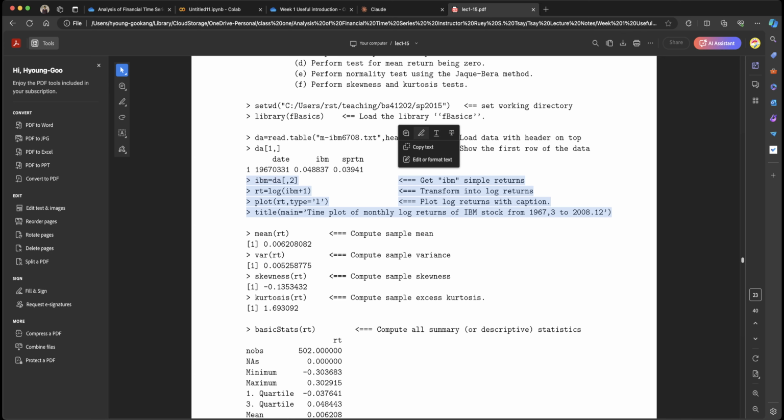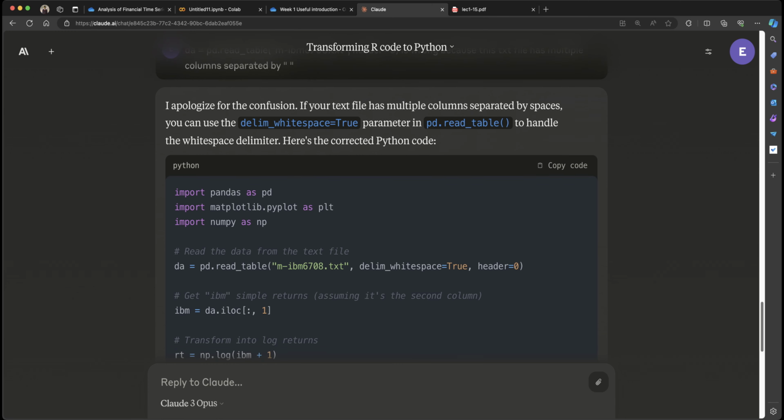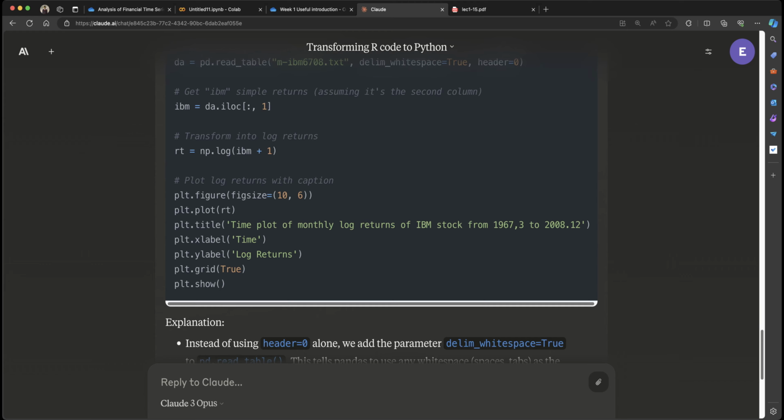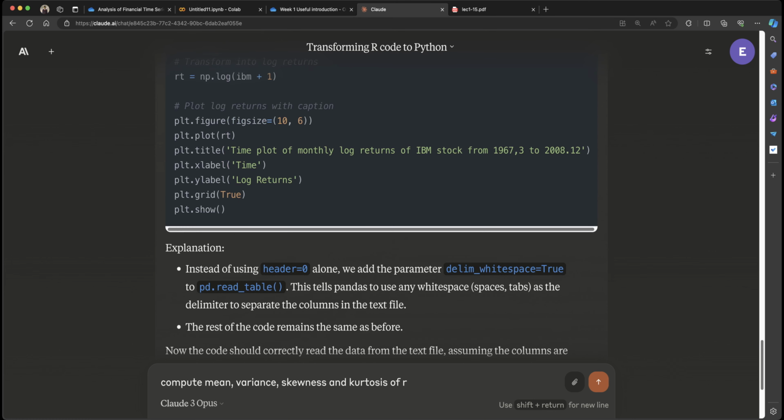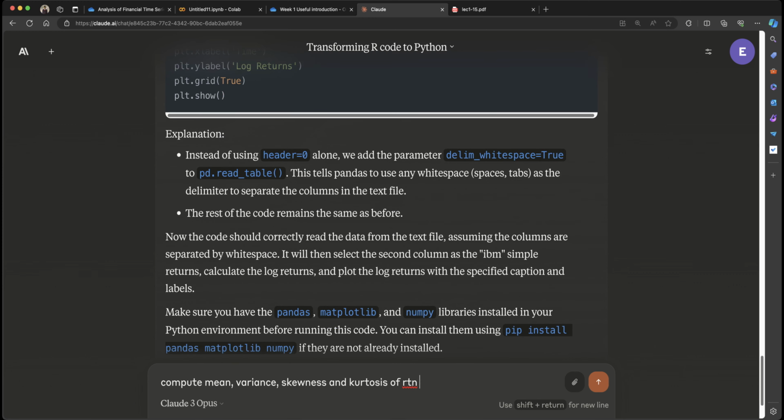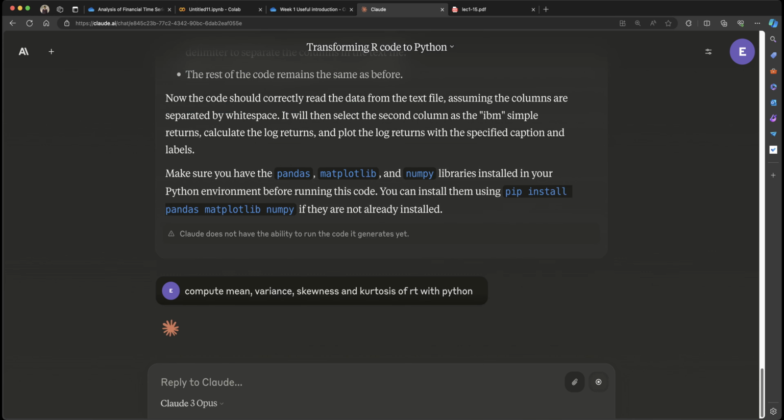So we go here, RT. Compute the mean, variance, skewness, and kurtosis of R. Here, the data is what? This is RT, with Python.